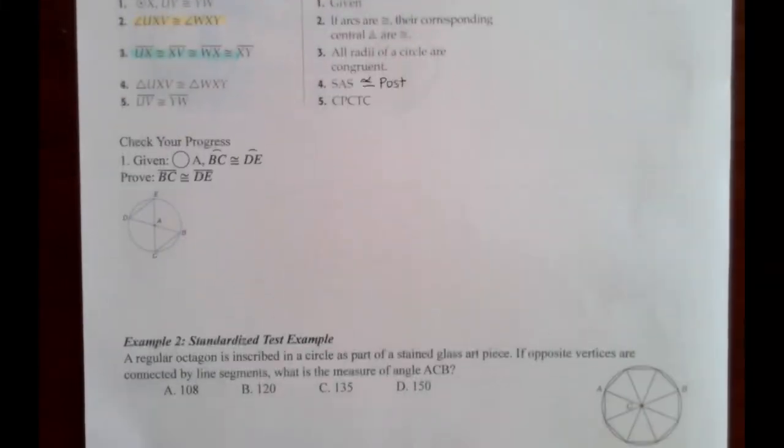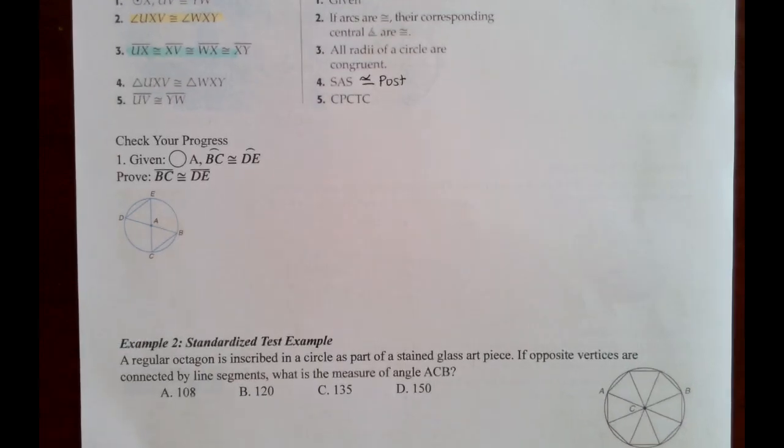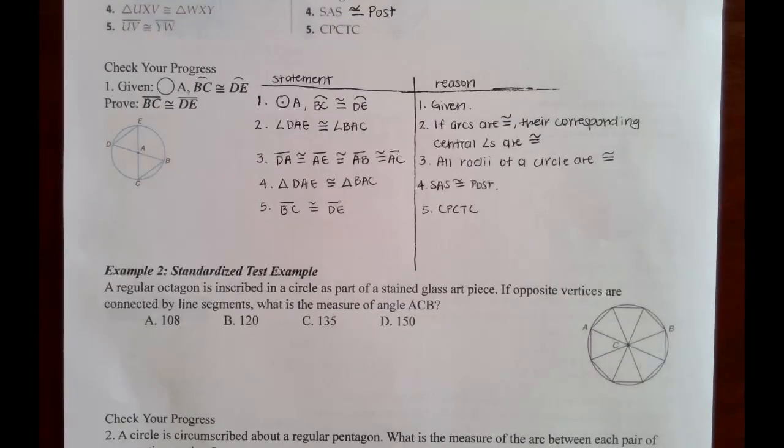So why don't you try Check Your Progress 2, and then once you're done, come check your answer. Okay, you should have gotten something similar to this. Statement 1 is my given: circle A exists, and arc BC is congruent to arc DE. The reason I can write that is it was given to me.